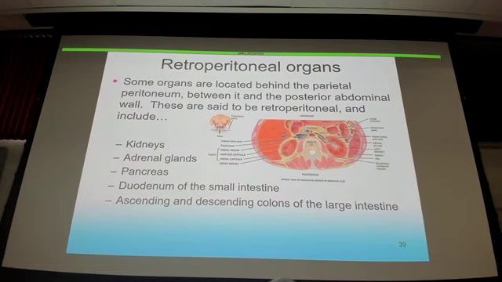Another thing we have to cover is retroperitoneal organs. This list is not all inclusive of the retroperitoneal organs, but some of the main ones. We have a peritoneal cavity, the abdominal pelvic cavity, but that's also your peritoneal cavity anteriorly.